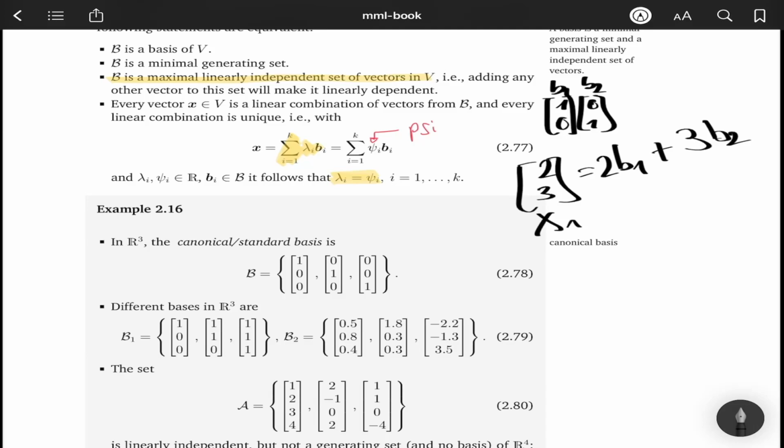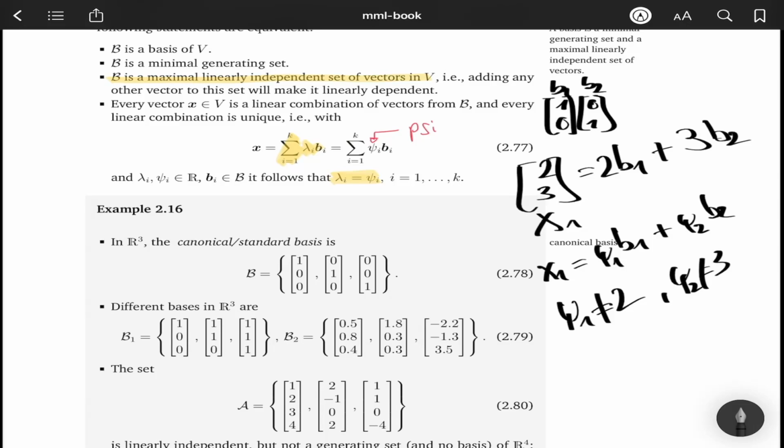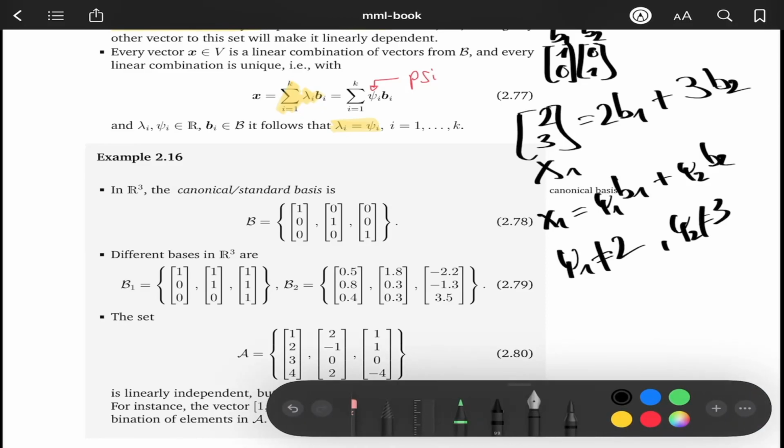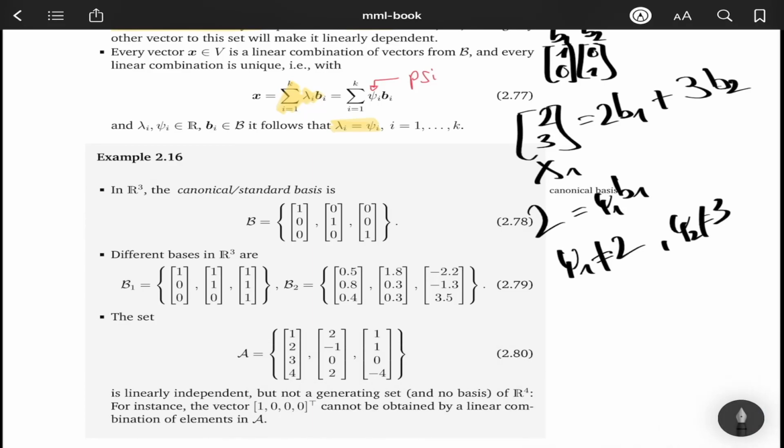Now, can we find a way to get x1 by finding different numbers, c1 times b1 plus c2 times b2, so that c1 is not 2 and c2 is not 3? Well, it's not possible. You can reduce the problem by just taking a look at the first component.